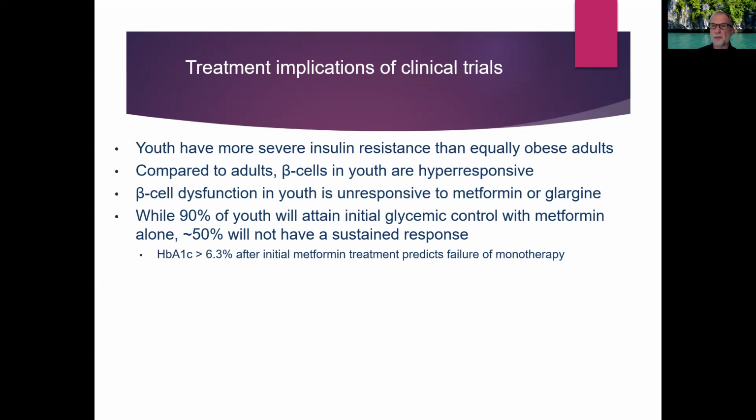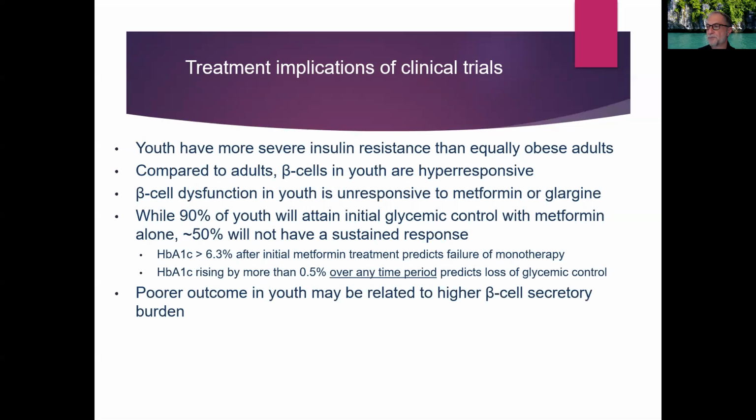We haven't talked about this, but we have reported that a hemoglobin A1C greater than 6.3% after initial metformin treatment predicts failure of metformin monotherapy. And we haven't yet reported this, but I'm telling you now that a hemoglobin A1C rising by more than 0.5% over any time period, even within the non-diabetic range, predicts loss of glycemic control.